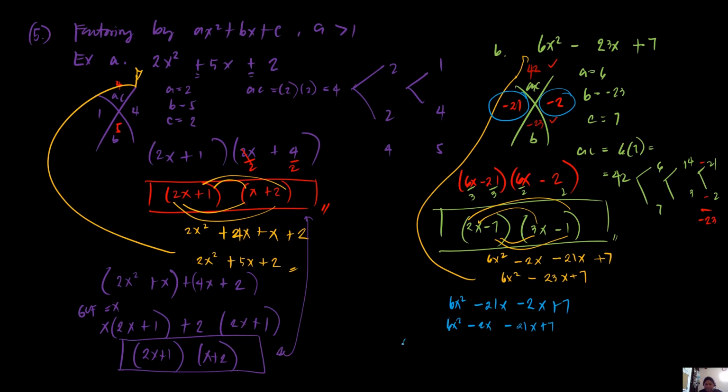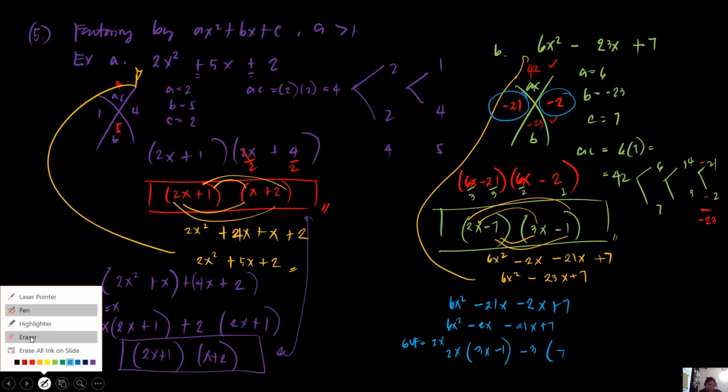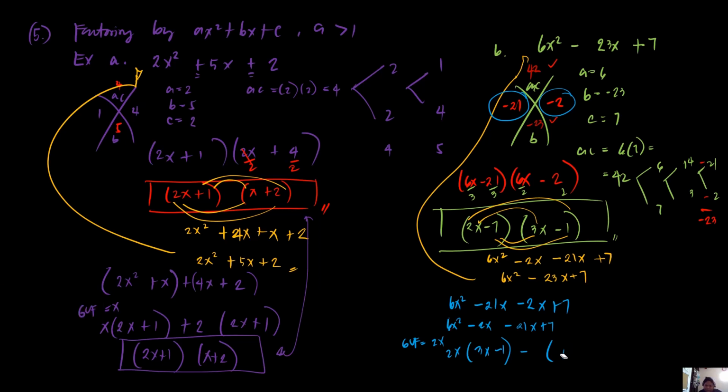Okay, what is the GCF of the first group? We have 2x. 2x quantity, we have 3x minus 1. What is the common factor of the second group? We have 3, negative 3. We have 7. Oh, we can use the greatest common factor, which is 7 instead of 3.